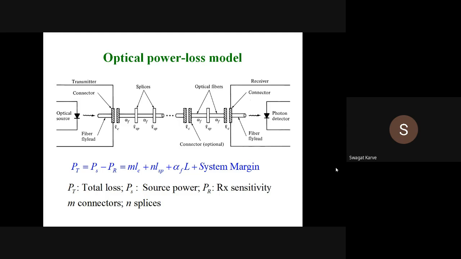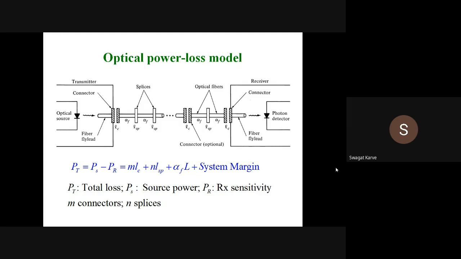And again, this depends upon how many splices you have used. So you have to consider the losses associated with the splices and with the connectors. So MLC is the loss associated with the connectors, NLSP is the loss associated with the splices, then alpha F into L is the attenuation loss, plus the system margin.